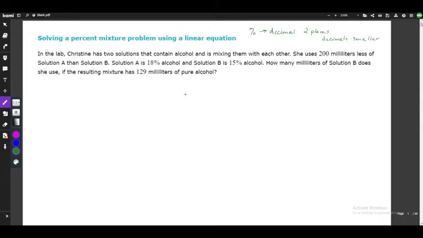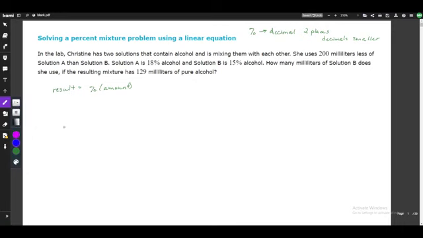And then we usually have the result equals percent times amount. All right, so when we're doing these problems, we are going to be looking at all that.